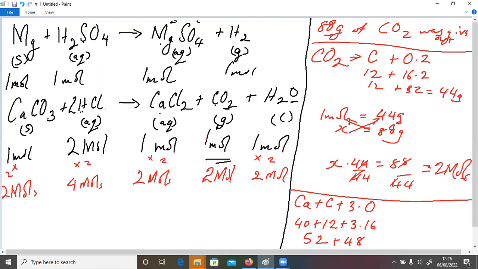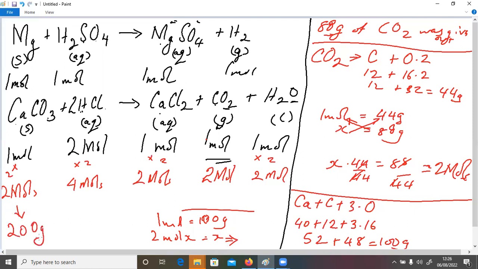That is 100 grams. So if 1 mole is equal to 100 grams, 2 moles will be equal to x, and if you do your calculation you will find that it equals 200 grams. So you have to react 200 grams if you are going to evolve 88 grams of carbon dioxide, right?